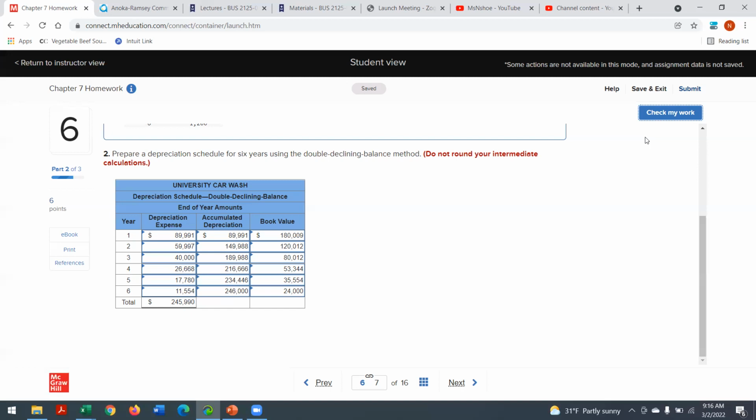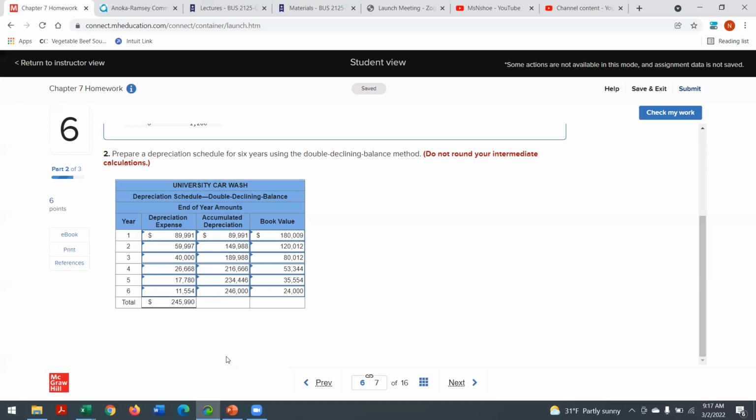We just take the cost of the asset times the straight line rate times 2. And we have to become aware of the residual value towards the end of the life because we cannot depreciate below the residual value. So you see in year 6, I plugged in this figure. Okay? Does that make sense?